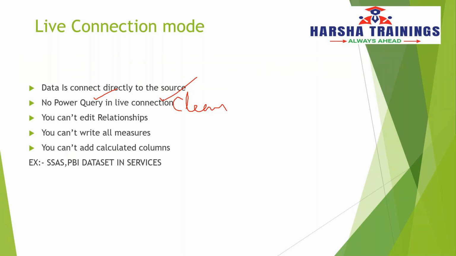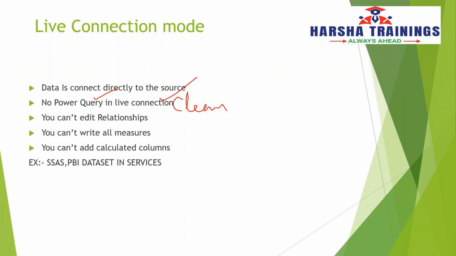Now, you cannot edit your relationships. We discussed relationships theoretically, yes or no? It means the data is already created, all the cleanup done, all the relationships created. All this will be on one side, where you are getting the live data.